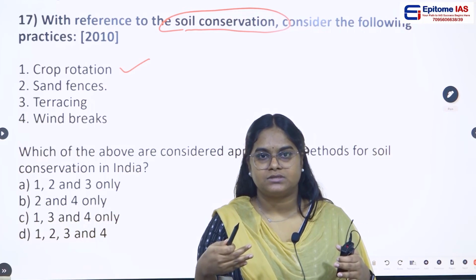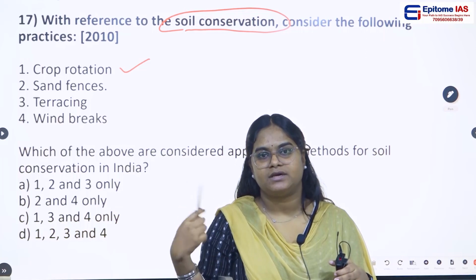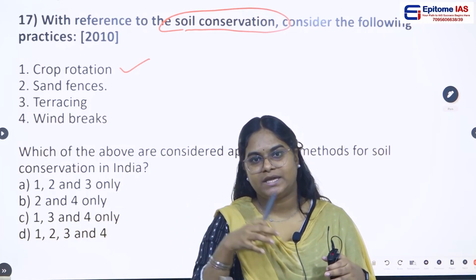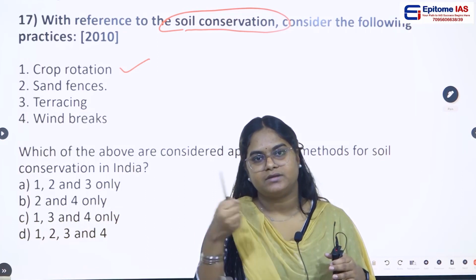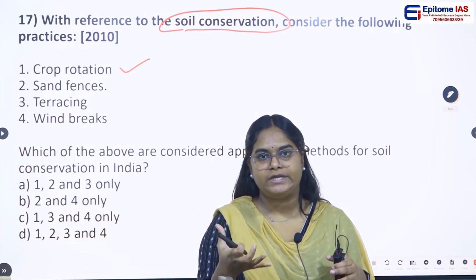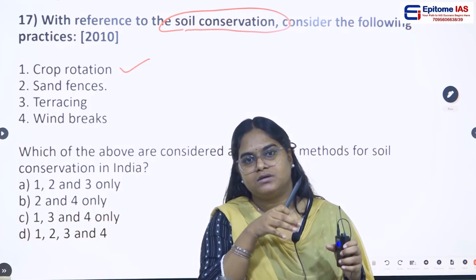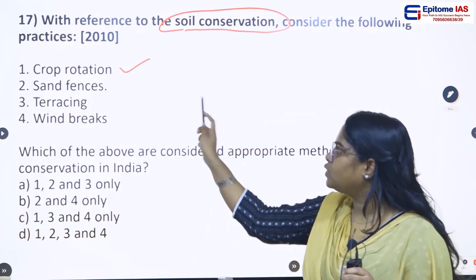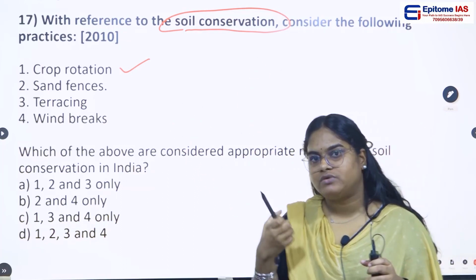If I am cultivating the same crops again and again, those crops need the same nutrients, which are consumed again and again. After a point, the soil will be deficient of that particular nutrient. So crop rotation will actually help in the preservation of the soil.